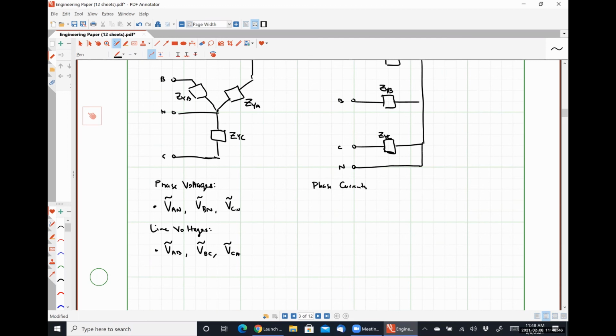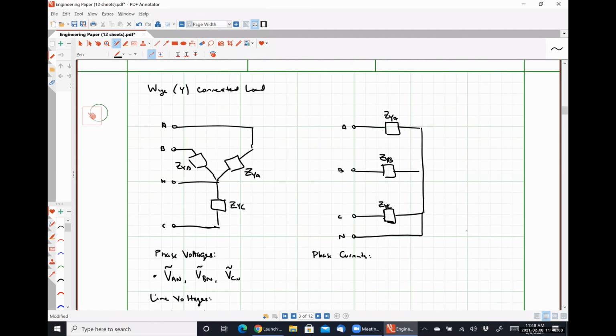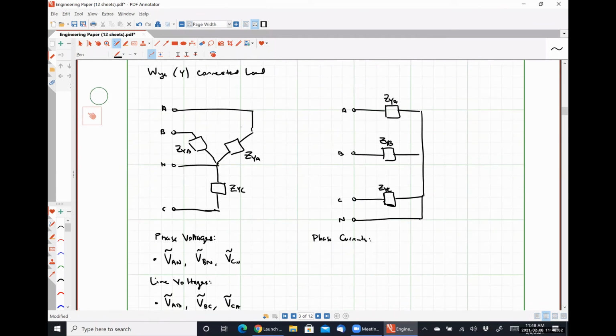I guess it might be useful for me to put some of these on the drawing. So let's call this guy VAN, this guy here VCN, just so we can see what's what. VAB.